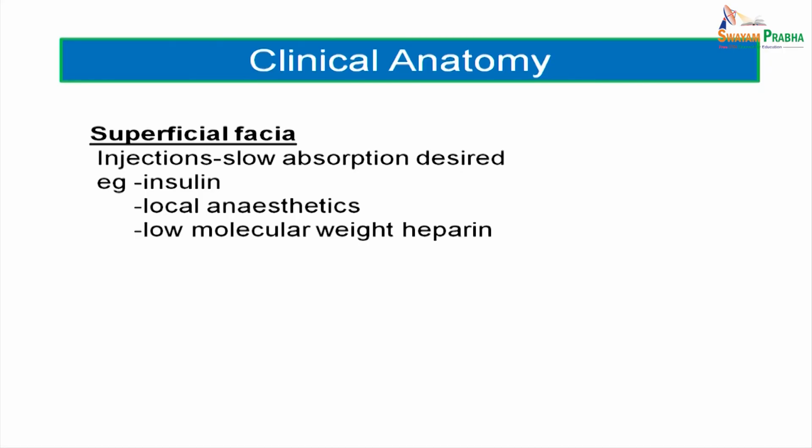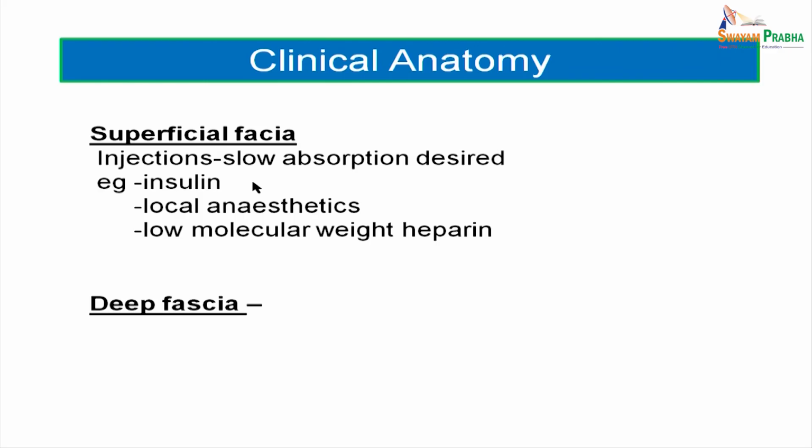These include injections like insulin, which is regularly given for diabetes, the local anesthetics, and also low molecular weight heparin. All these require delayed and prolonged action, so they are given into this superficial fascia.